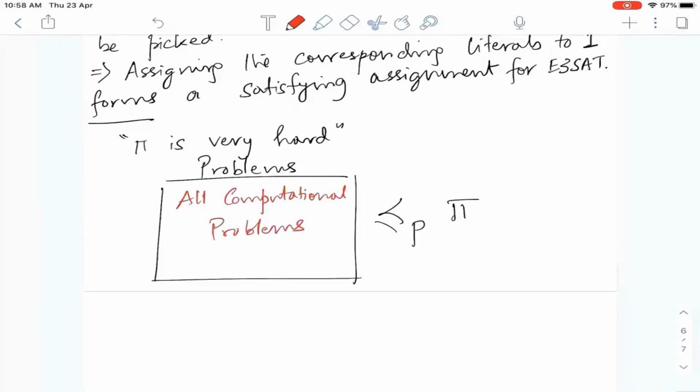Okay, now, good. I don't know if all of you have taken TOC or not, but those of you who have, do you think this is possible? Can I hope that all computational problems can be polynomially reducible to Pi, or do we already have evidence that this is not possible?